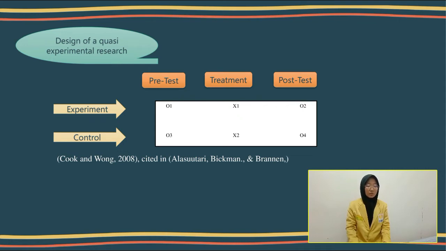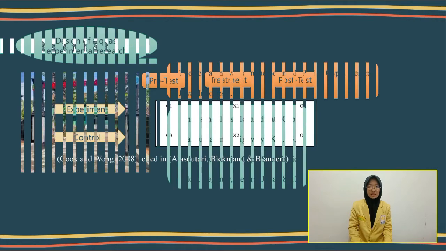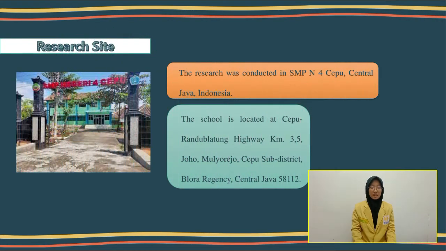Based on Cook and Wong, 2008, citing Alessi, Trollip, Bigman, and Brennan, there are pre-tests, then the treatment is given, and the last is the post-test. Next are the research sites. In this study, the research was conducted at a junior high school in Cepu, Central Java, Indonesia, located at Cepu Randublatung Highway, kilometer 3.5, Mulyorejo, Cepu Subdistrict, Blora Regency, Central Java.